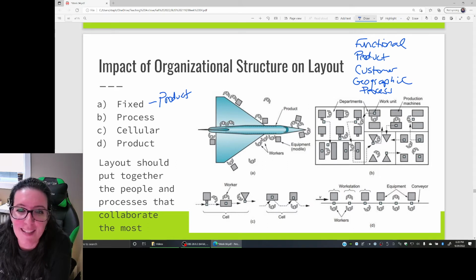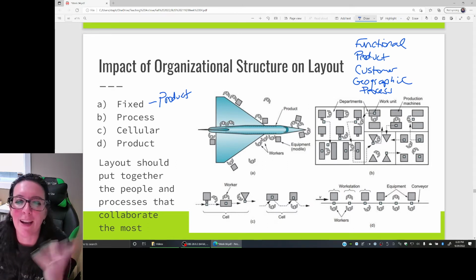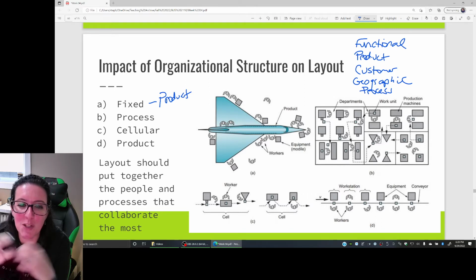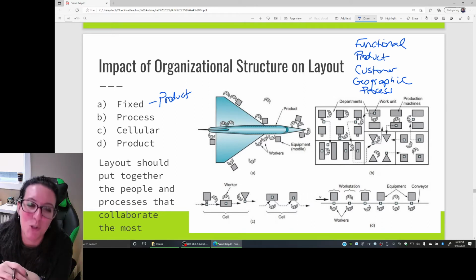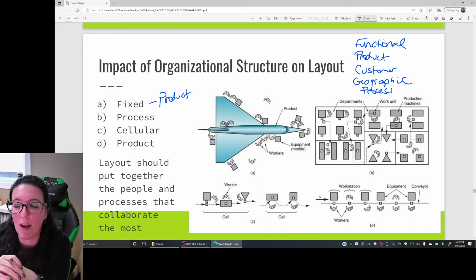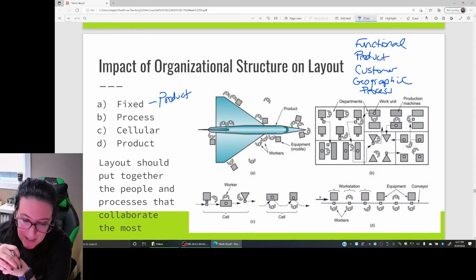So we're all fixed in those locations because we're all working on the same product. Just like if you're working at the Hudson Bay Company, then you are fixed in your location because this is where the shoe department is. And so we group the people that are there based on shoes. So product departmentalization has a fixed layout.